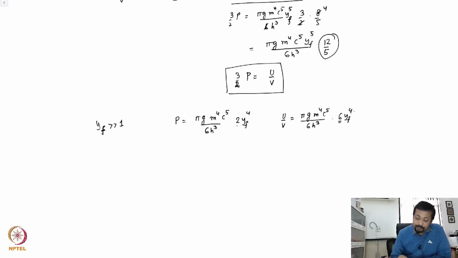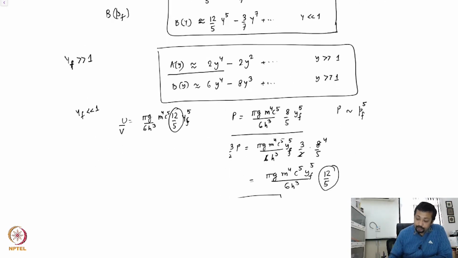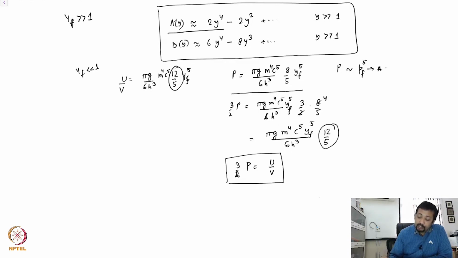From this, it is immediately clear, from these two factors, that the pressure is going to be 1/3 U over V, as we expect for an ultrarelativistic gas. We also note that the thermodynamic pressure is going to be proportional to p_F raised to the power 4 at T equal to 0. So here also one notes that this is at T equal to 0.